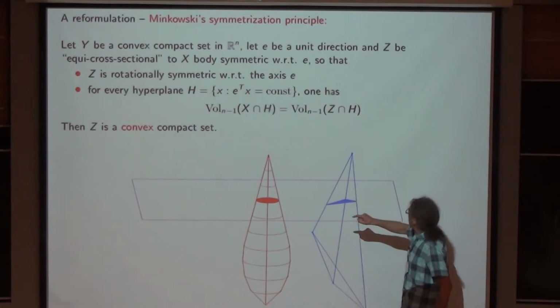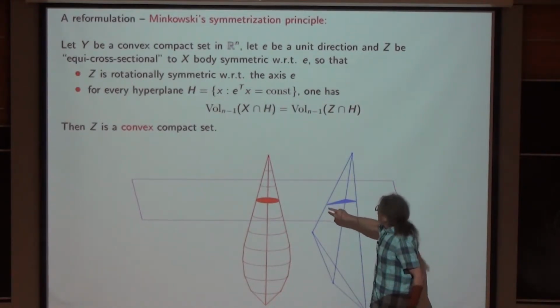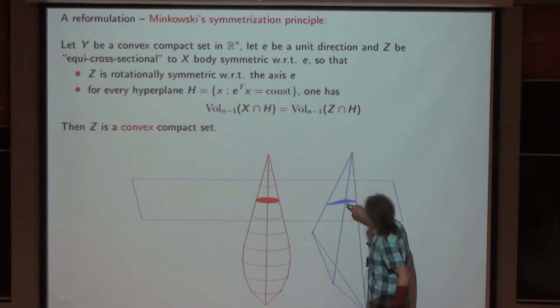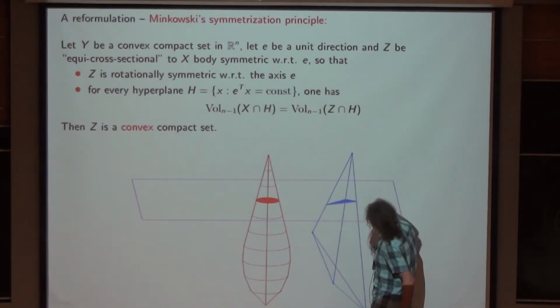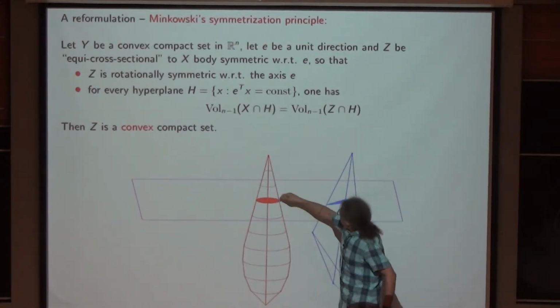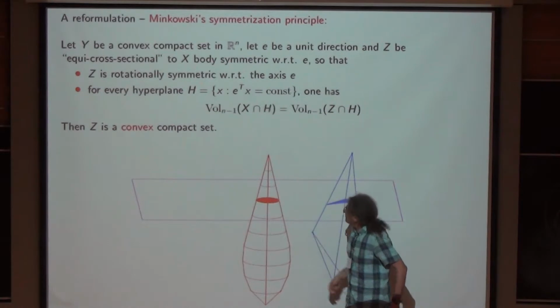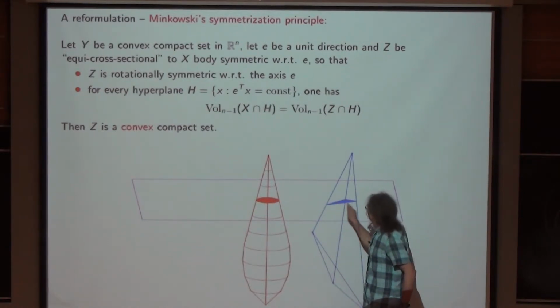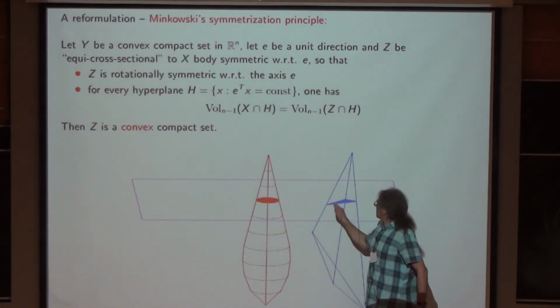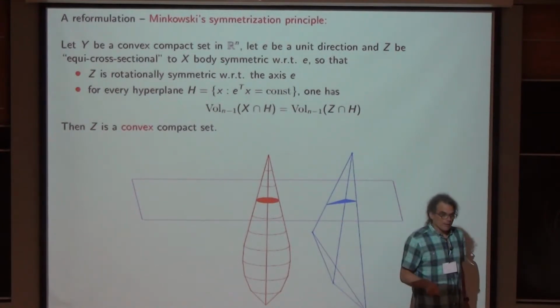You do the cut which is orthogonal to this direction, and you make a body such that its cross-sections will be disks with exactly the same volume as the cross-sections of the convex body.